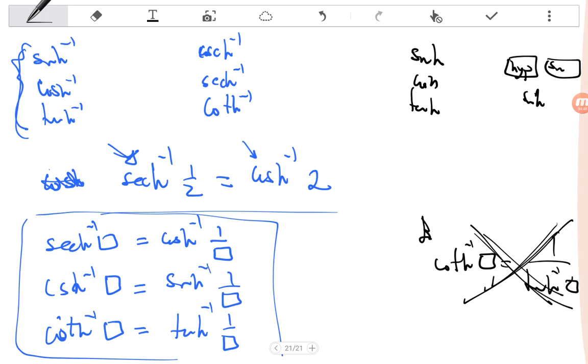Now, just for your information, as sinh, cosh and tanh are basically defined as exponential functions, we would expect that the inverse of these functions would be expressed in terms of ln.